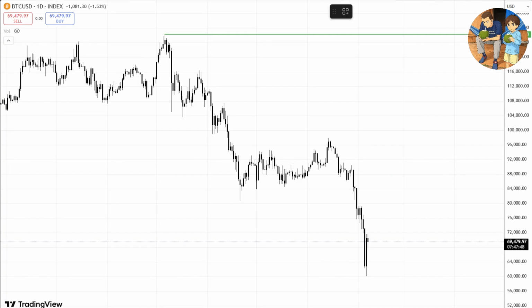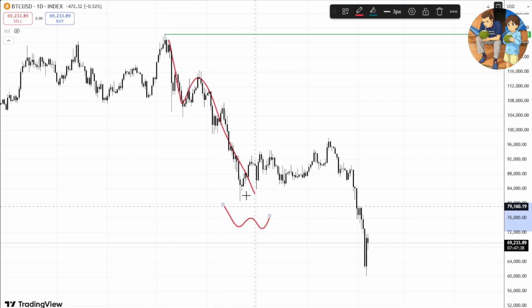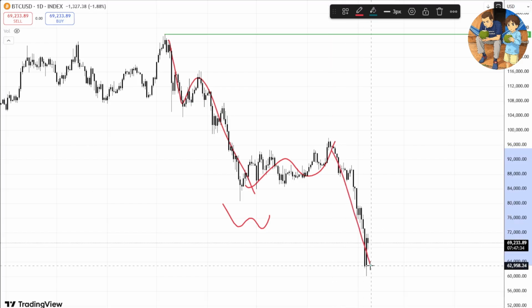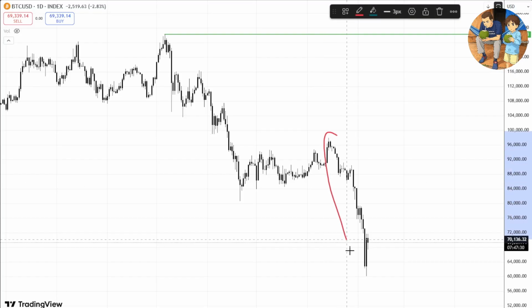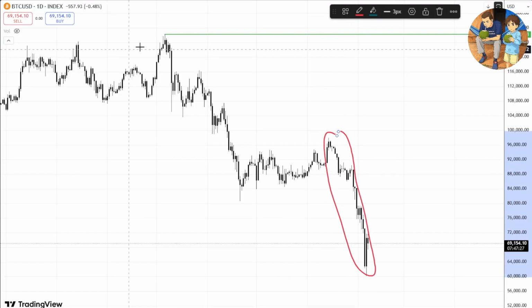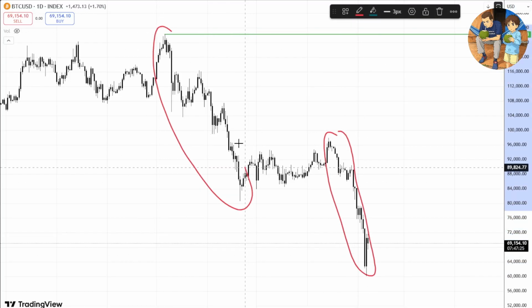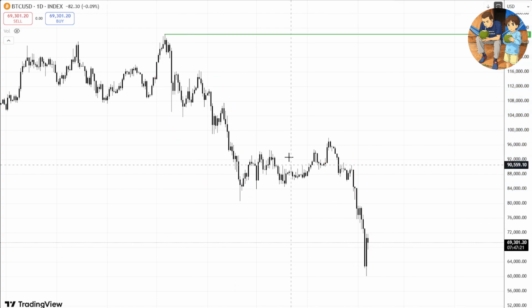In our second scenario, where we might have topped here, there are different ways we could finish the correction. Either we have an ABC to a W, X and then a Y, in which case we definitely need to see more of the correction, because this wave Y would be way shorter than this wave W, and the symmetry in the markets has to be respected at all points.